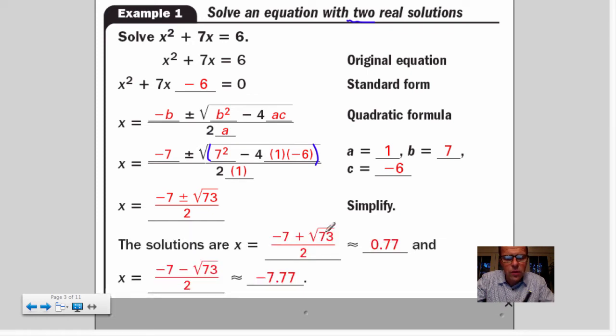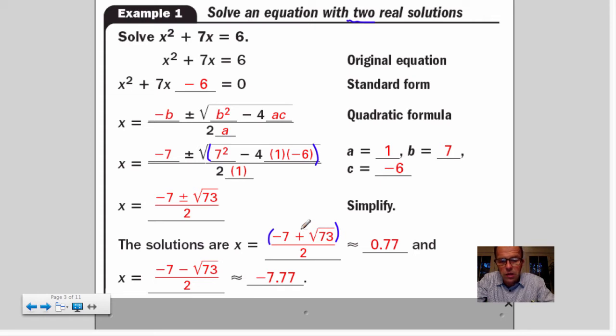If we were graphing, we'd want to know the approximate answers, and that's why they use the squiggly equal. So in your calculator, and I highly recommend that you pause the video right now, take out your calculator, see how you're typing this into your calculator. If you choose to do one line on the calculator, you have to put parentheses around the numerator. You might choose to do this in pieces, so maybe type in negative 7 plus the square root of 73, hit enter, then divide by 2.